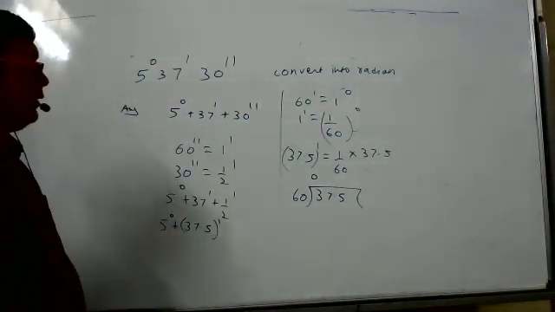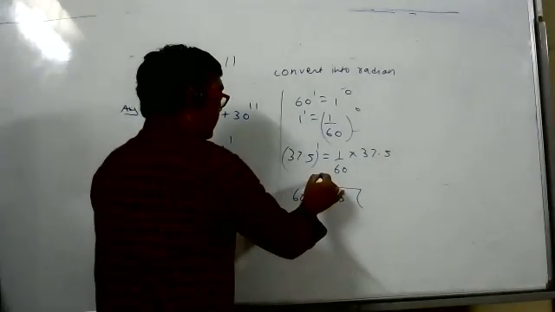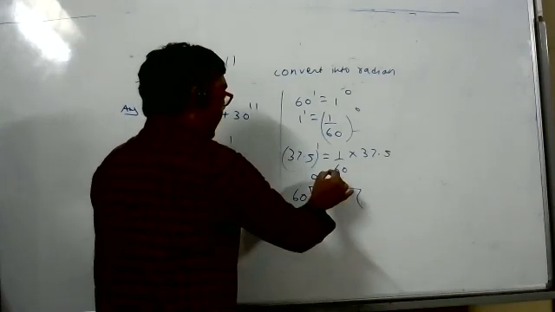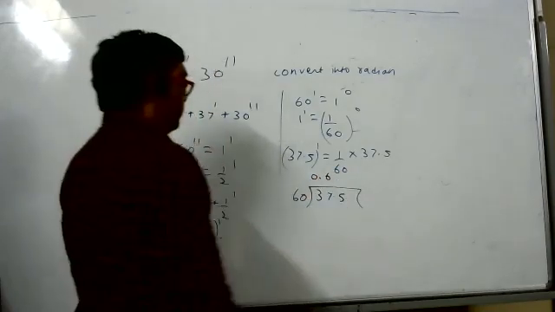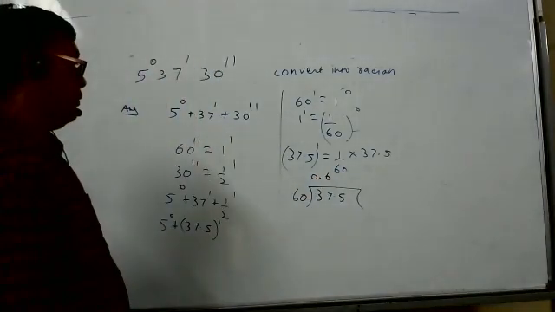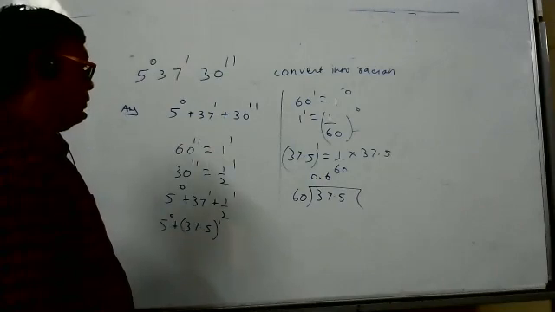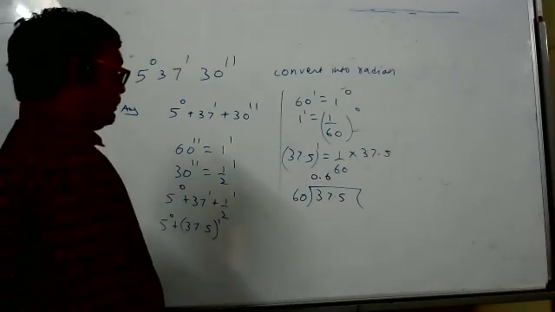How much will we get? 0.6, no? Yes, 0.6. Put a 0 here.